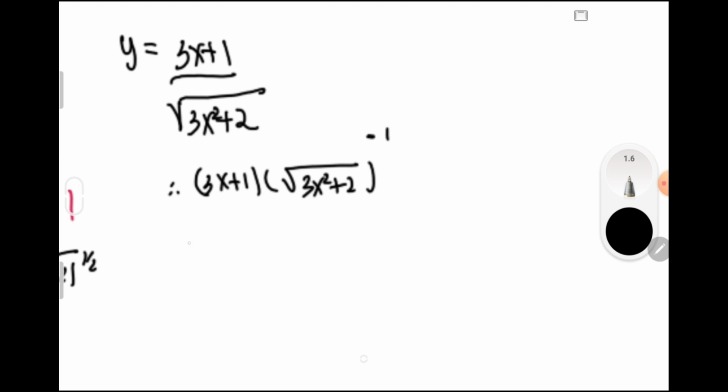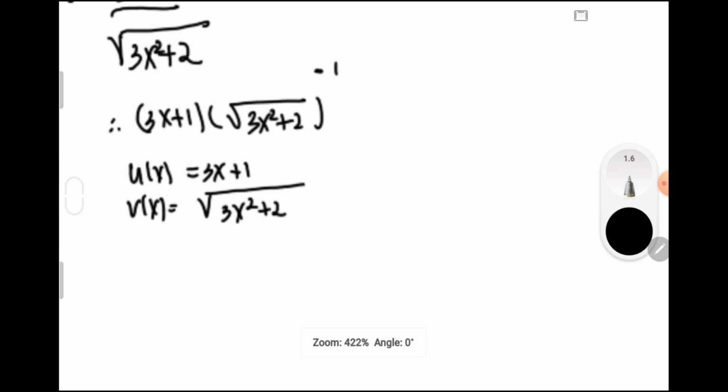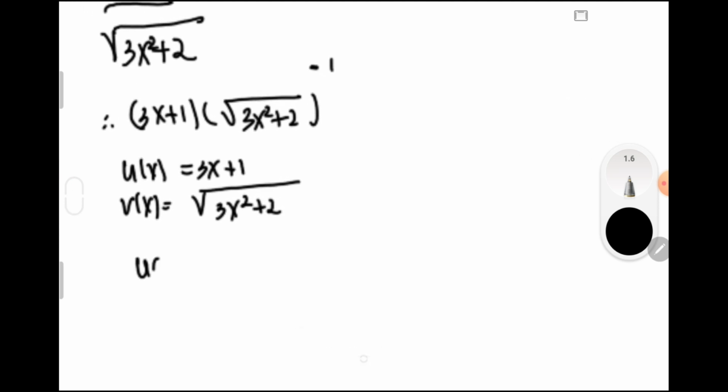Okay? So, ang magiging u of x mo dito will be equal to 3x plus 1. Ang v of x natin will be equal to square root of 3x squared plus 2. Okay? So, ang gagawin natin will be u dv plus v du.